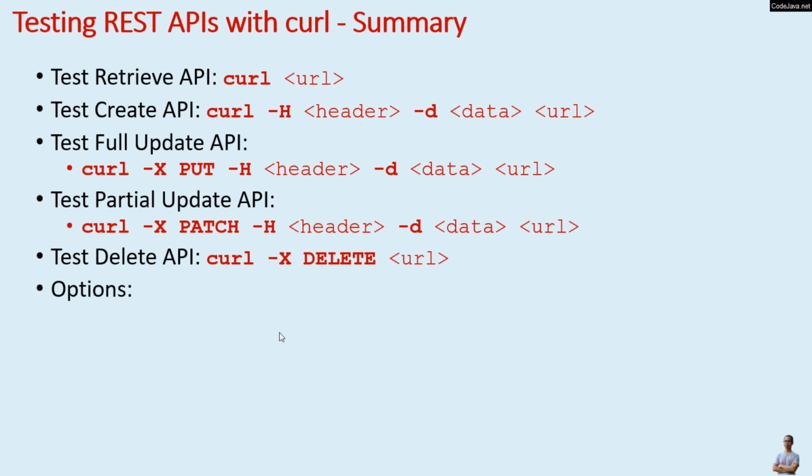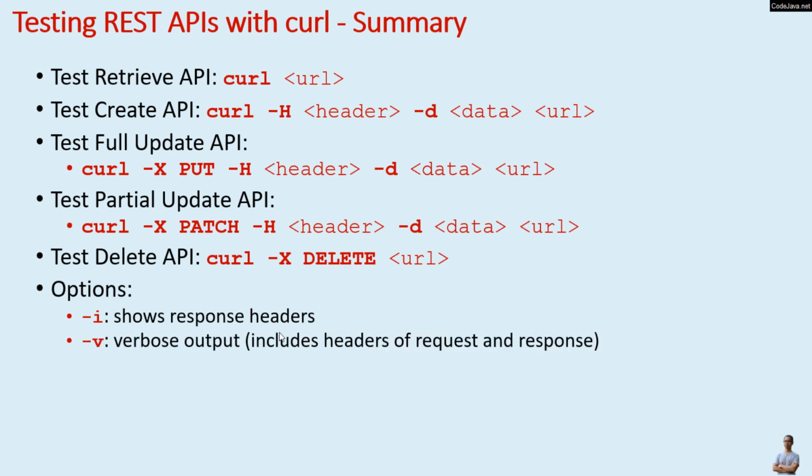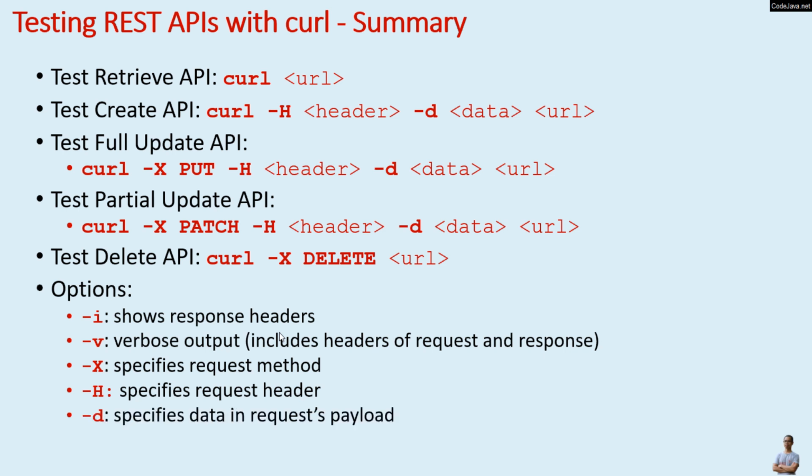And there are some options which you can use. -I that shows response headers, -v to show verbose output that includes headers of the request and response, -X that specifies request method, -H that specifies request header, and -d that specifies data in the request payload.